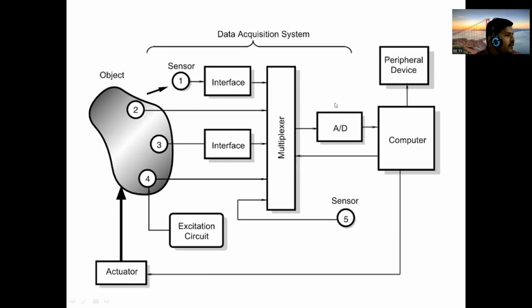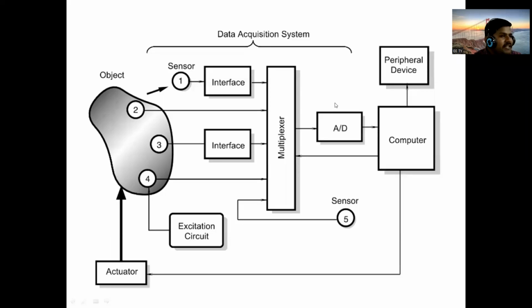For example, we have discussed one example, that is the car door monitoring system. Suppose there are 4 doors or it may be 5 doors of the car. Each and every door is equipped with a sensor, right?